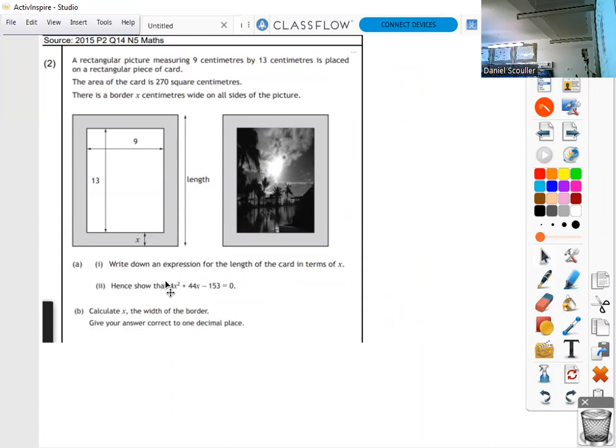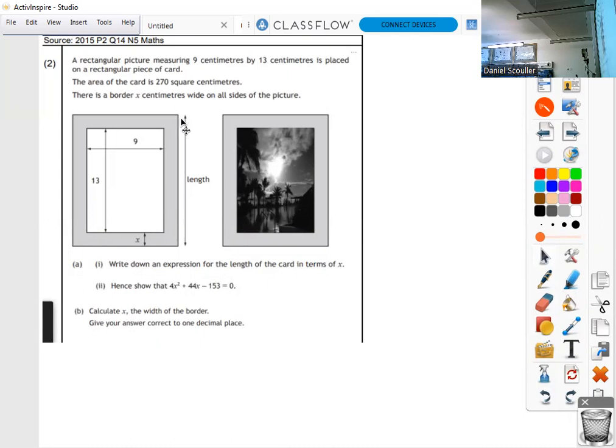All right. It's asking us to create our own expressions. Now, this is quite difficult and it does take a wee bit of practice. So write down our own expressions of the card in terms of X. I don't think many people got it at all, to be honest.